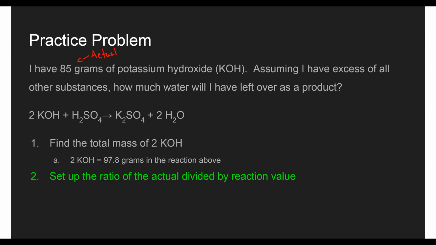So my reaction value is right here. Okay, so that's the reaction. So I got to set up that ratio. If I set up that ratio, then I'm left with 85 grams divided by my 97.8 grams, leaving me 0.869.